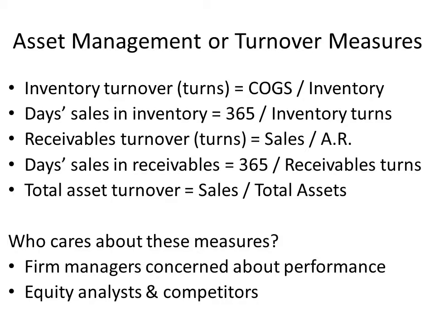Their sales over total assets might actually decrease. But with those extra sales, we might pick up a lot of extra profit. And so you could find yourself in a situation where your total asset turnover was very high, and you might actually do better if it were a little lower.